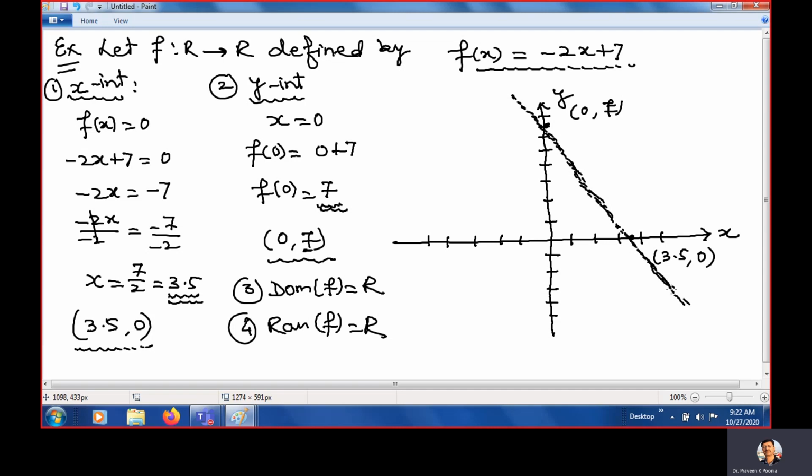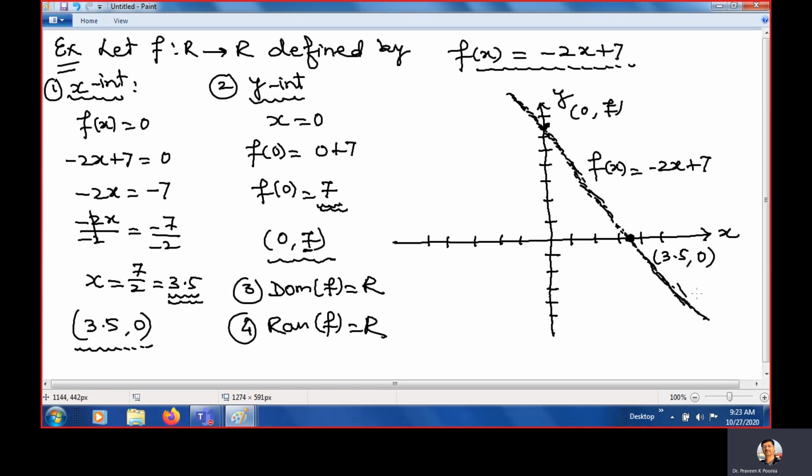But here this pen is very slippery, so it is very difficult to draw a continuous slanting line like this. Slanting means it is not parallel to the x-axis nor parallel to the y-axis. So this line is a slanting line. So f(x) is equal to minus 2x plus 7. This is the equation of this line.